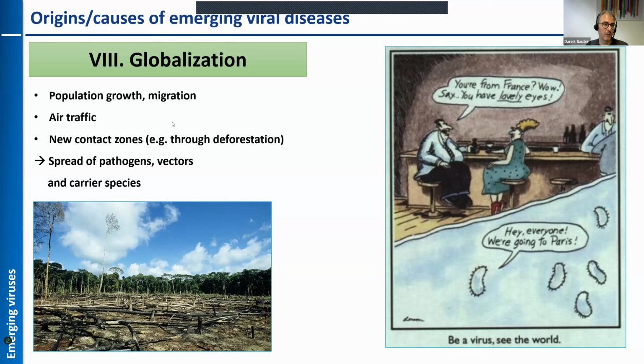And we also have to keep in mind that it's not only us and the viruses that travel via air traffic, but it can also be the vectors or carrier species. Let's say if rodents spread around the world, or if specific mosquito vectors spread, this may also facilitate spread of the respective viruses.